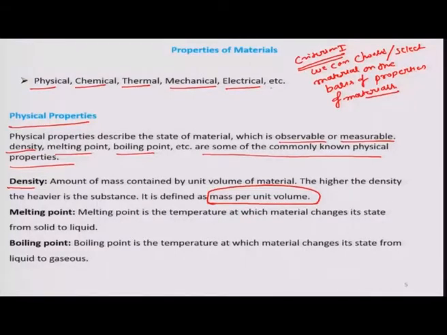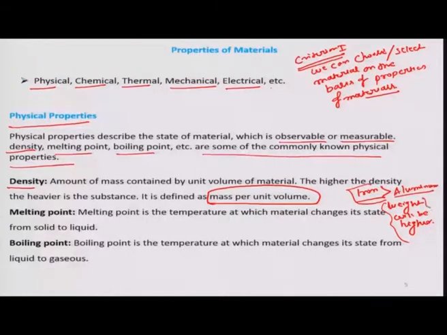Suppose that iron has a higher density than aluminum. It means if you fabricate something using iron, that weight will be higher.